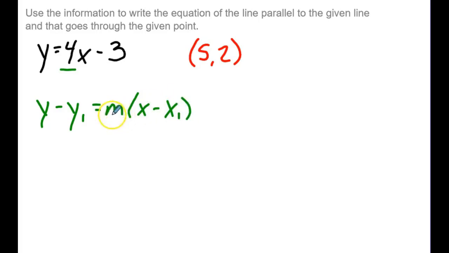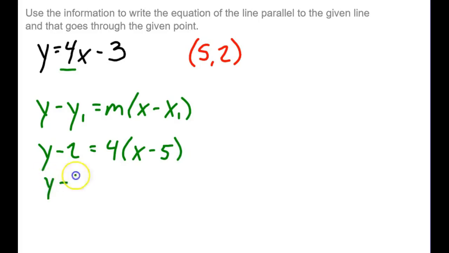We know our m, the slope, is 4 because they're parallel, they have to be the same. Our x value, or x sub 1, is 5, y sub 1 is 2. So plug those values in. We get y minus 2 equal to 4 times the quantity x minus 5. Now all we have to do is use some algebra, simplify, isolate y by itself.